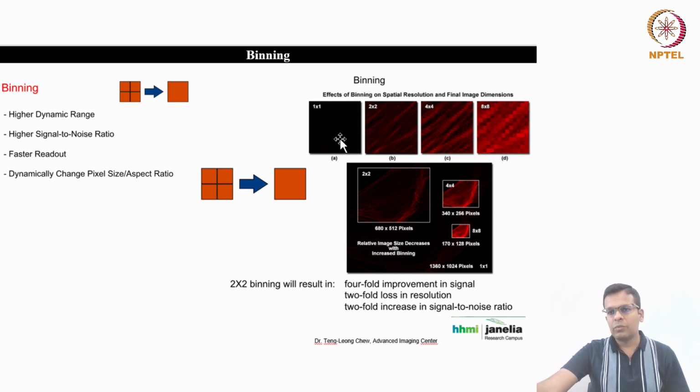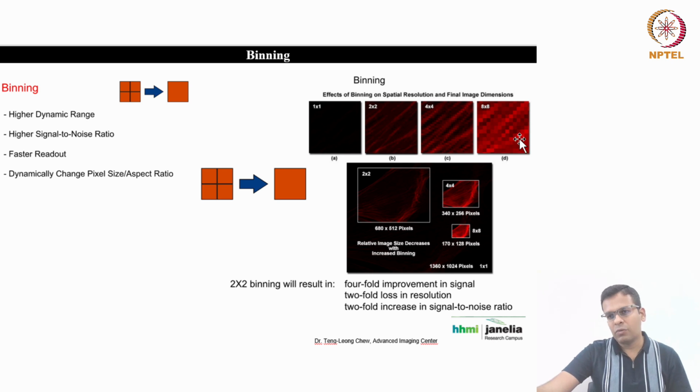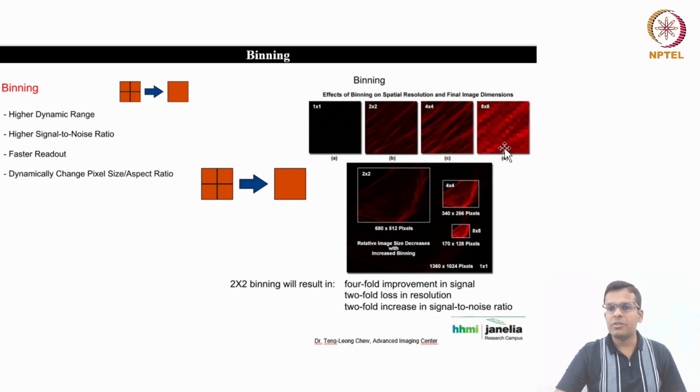Now you can see the difference in these 4 images, which are captured by 1 by 1, 2 by 2, 4 by 4 and 8 by 8 binning. You can see that your structures are getting brighter and brighter. But what else can you see? You are compromising on the resolution, because now you are combining the electrons from all 4 pixels and sending them as 1 pixel.